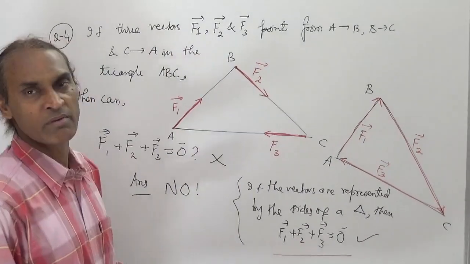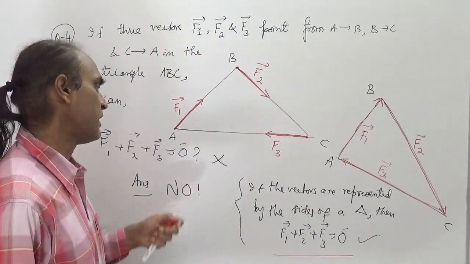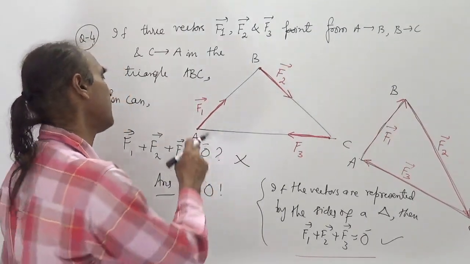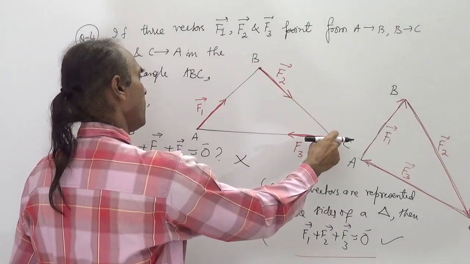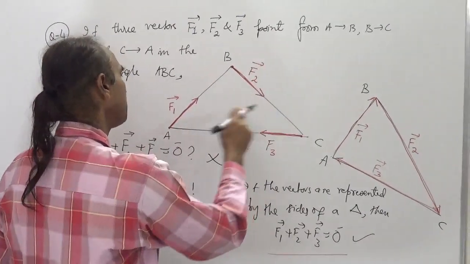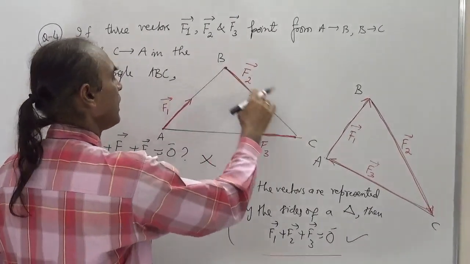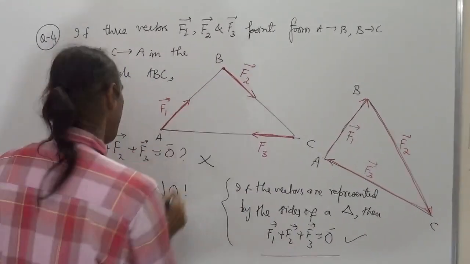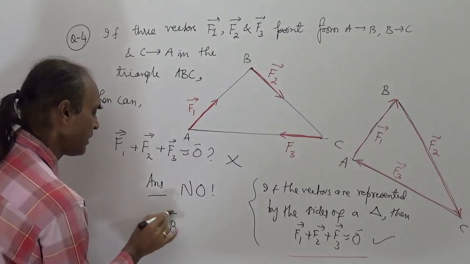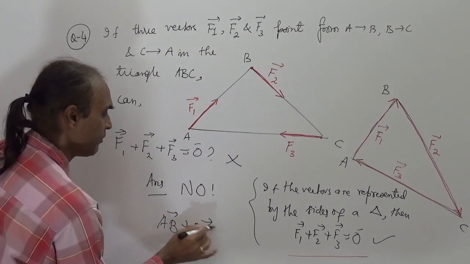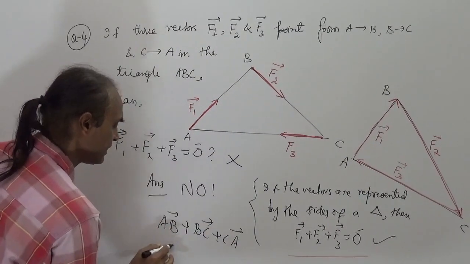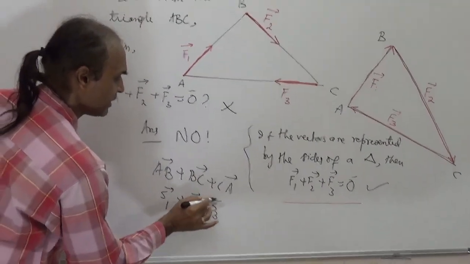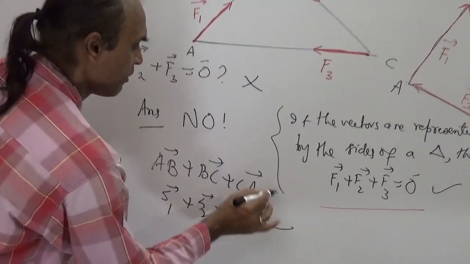It may be force, it may be velocity, it may be displacement, but the displacement case is different. When you say displacement, then A to B, B to C, C to A. If you take a specific example of the vector as displacement instead of force, then you can write AB plus BC plus CA, because these are displacements, S1 plus S2 plus S3 is equal to 0. It's correct. Always this is 0.